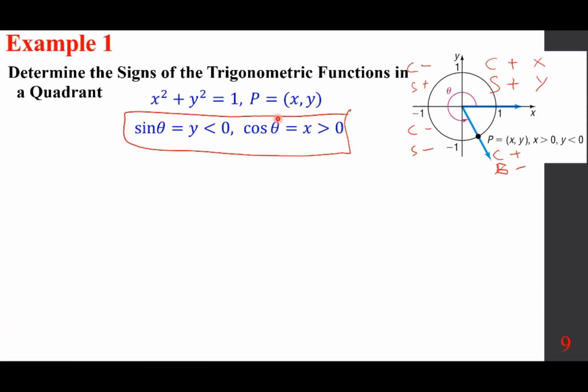Cosecant, the reciprocal of sine, is negative. Tangent, the ratio of these two, becomes negative. Cotangent, the reciprocal of that, is negative. Everything, because sine is negative, becomes negative. Because cosine is positive, secant becomes positive.